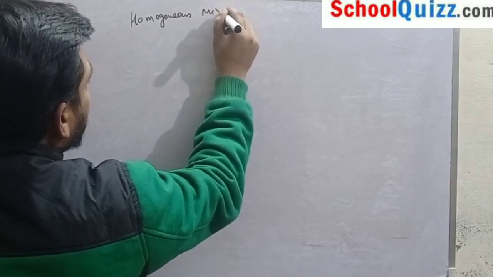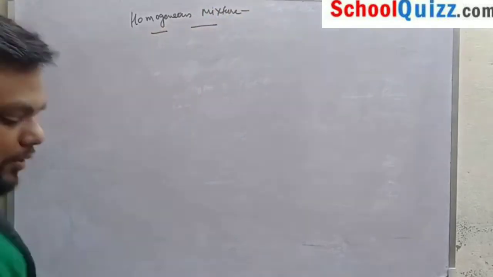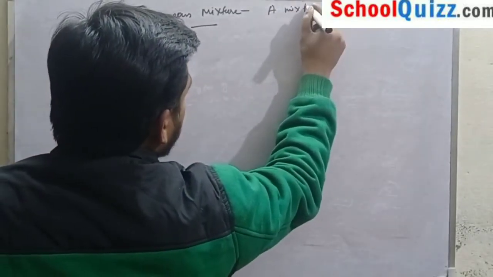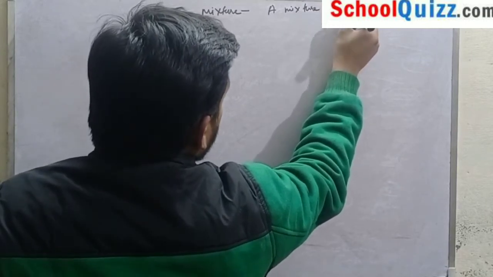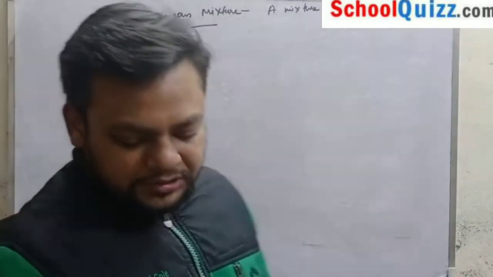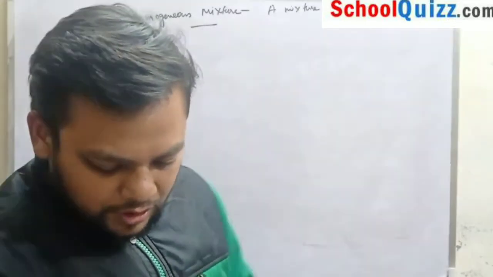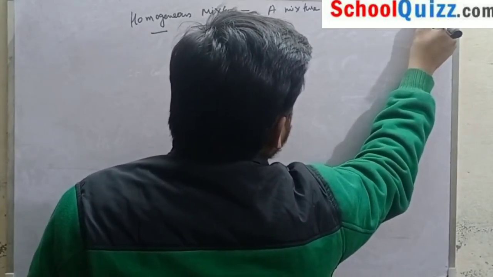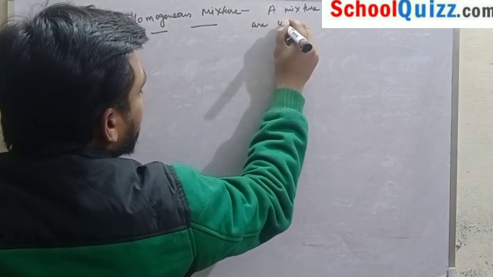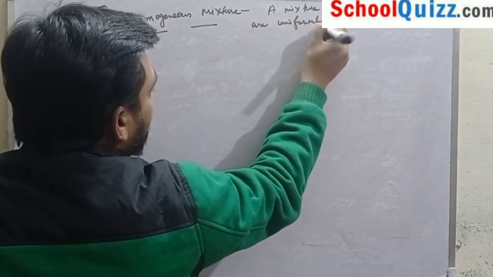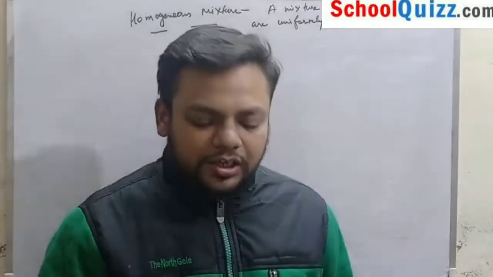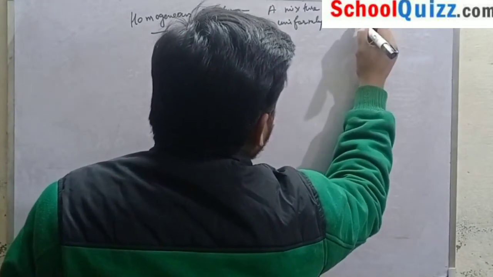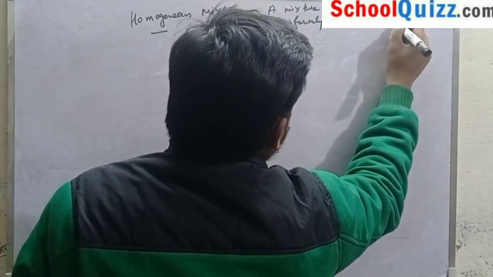First of all, what is a homogeneous mixture? A mixture in which the constituents are uniformly distributed throughout.